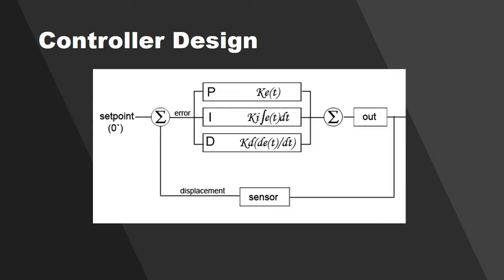Next, for the controller design, here is a PID. That is what provides a continuous variation of output within a control loop feedback mechanism to accurately control the process.